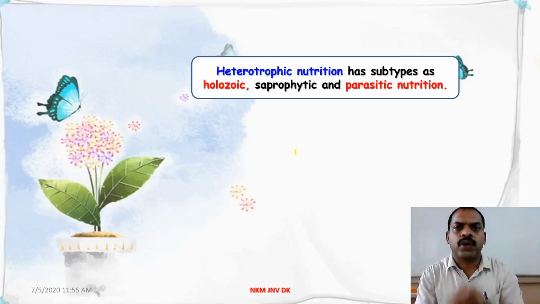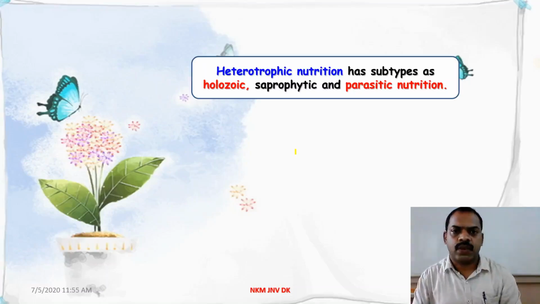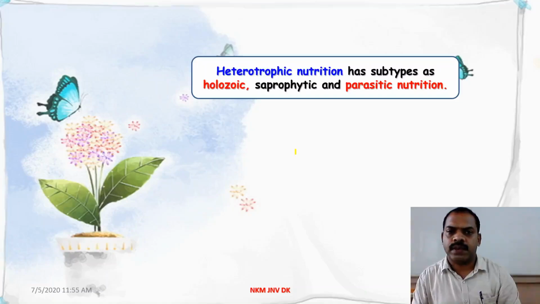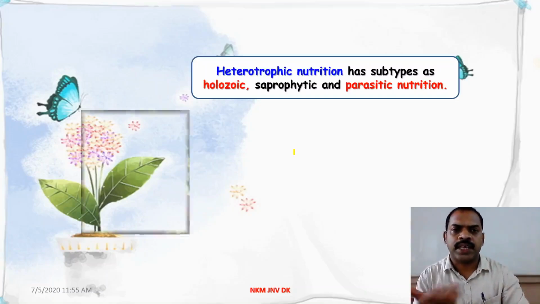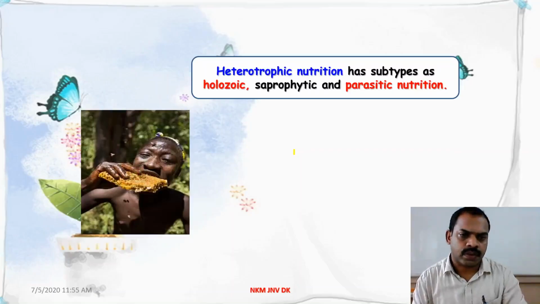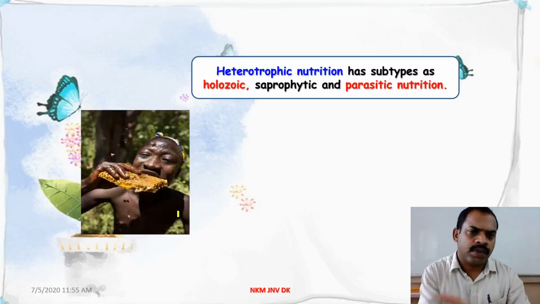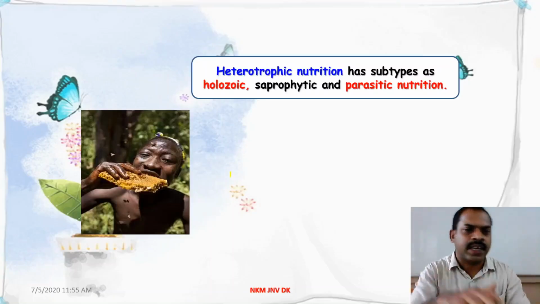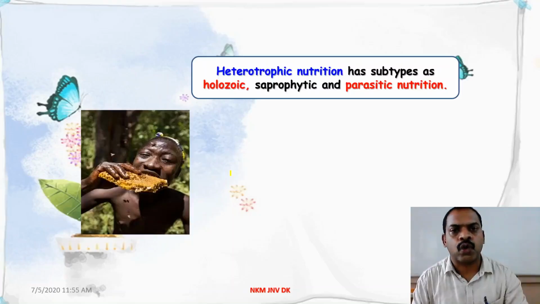Heterotrophic nutrition is subdivided into three basic types: holozoic, saprophytic and parasitic. Let us see what makes them different. Now what we are seeing over here is a human being. Whatever we eat, the mode of nutrition is holozoic.